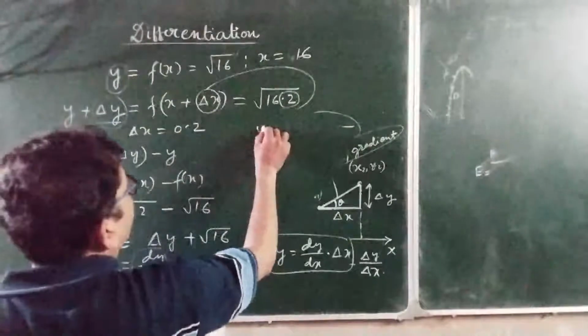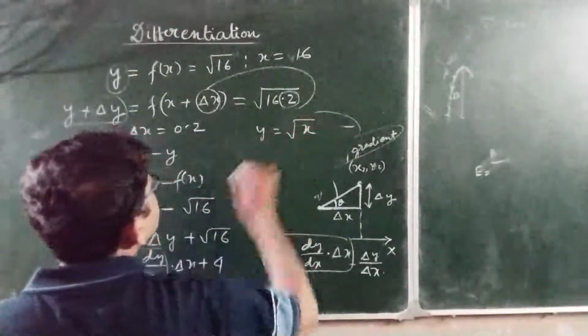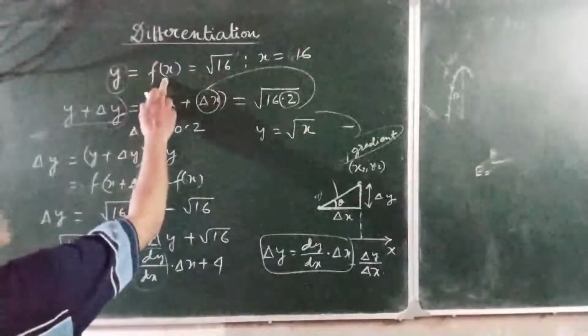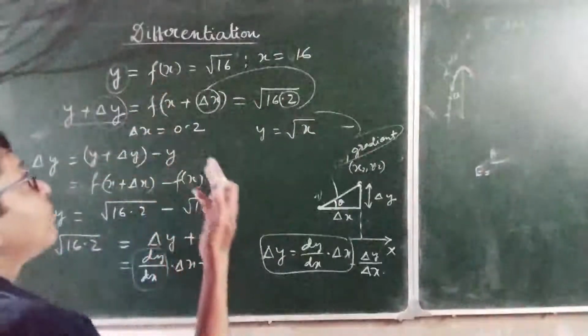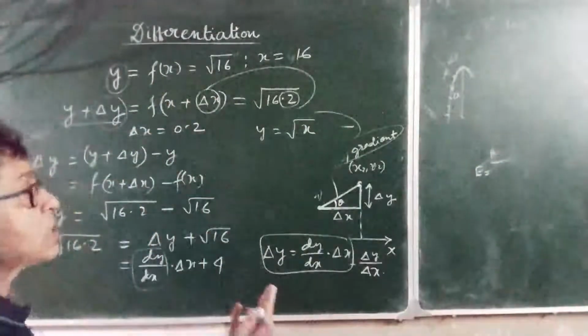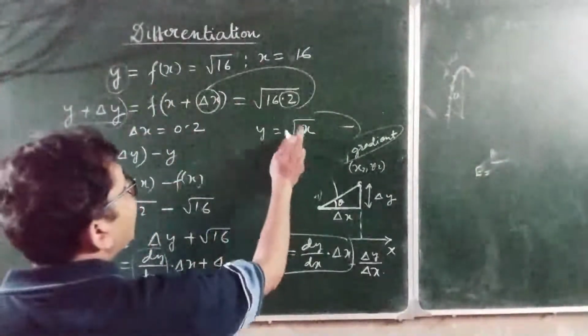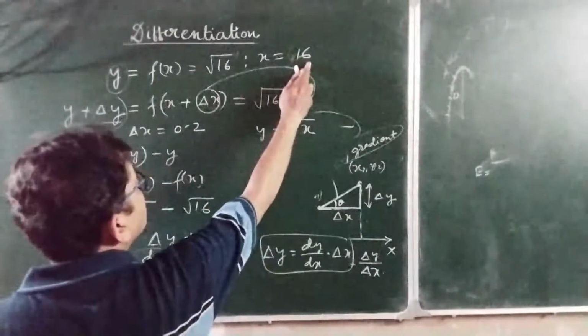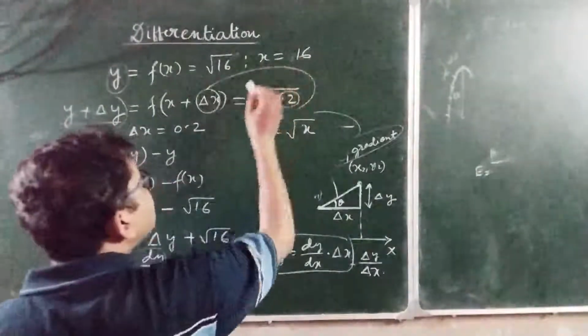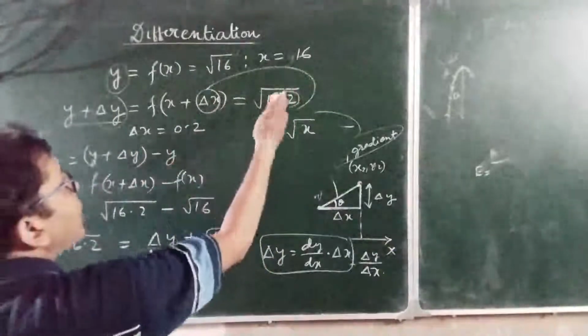So y is equal to √x. Y is a function of x, and what is the form of that function? That is √x, where x is 16. When x is increased by 0.2, it will become 16.2.